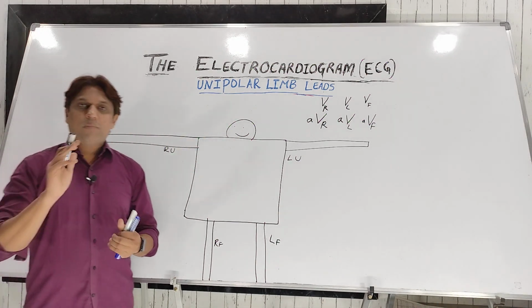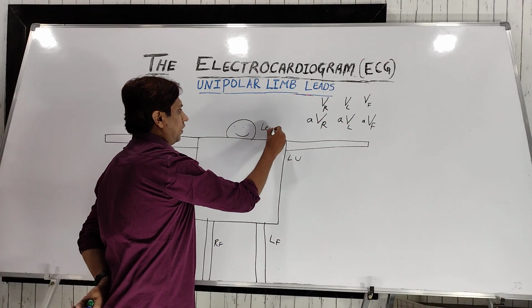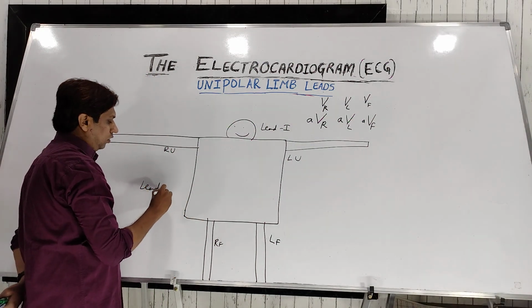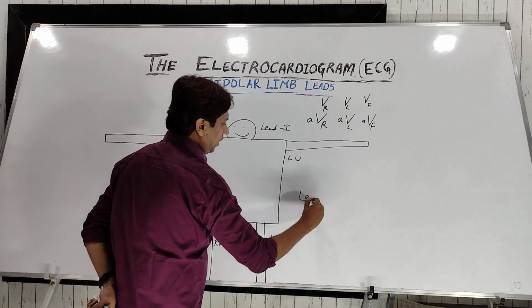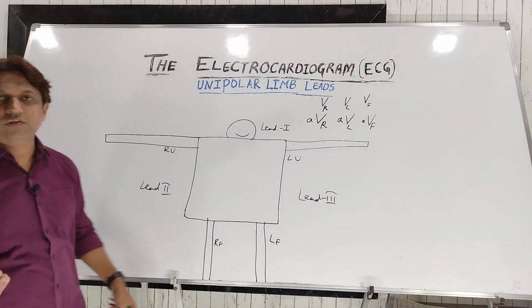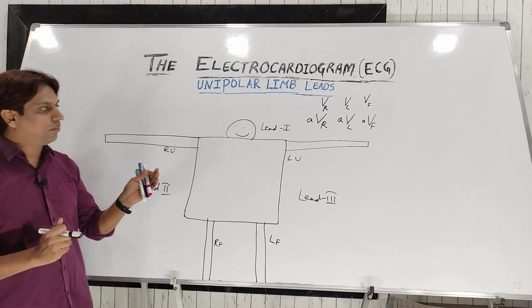We have the bipolar limb leads: lead 1, lead 2 and lead 3. We have discussed them in detail; those who missed that lecture, please go to our playlist and check out ECG series part 3 on the bipolar limb leads.